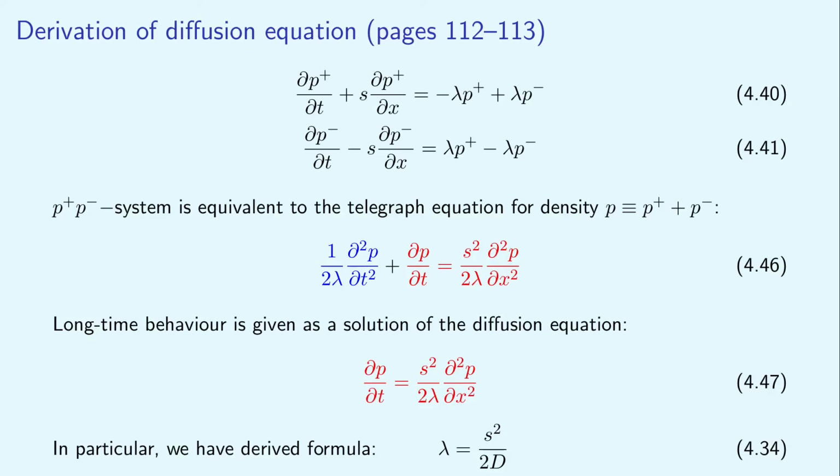However, after a few changes of the velocity, the initial condition for velocity is completely forgotten by the system. So for times much greater than 1 over 2 lambda, the behavior effectively only depends on the initial condition for the position, and it is described by the diffusion equation on that time scale.